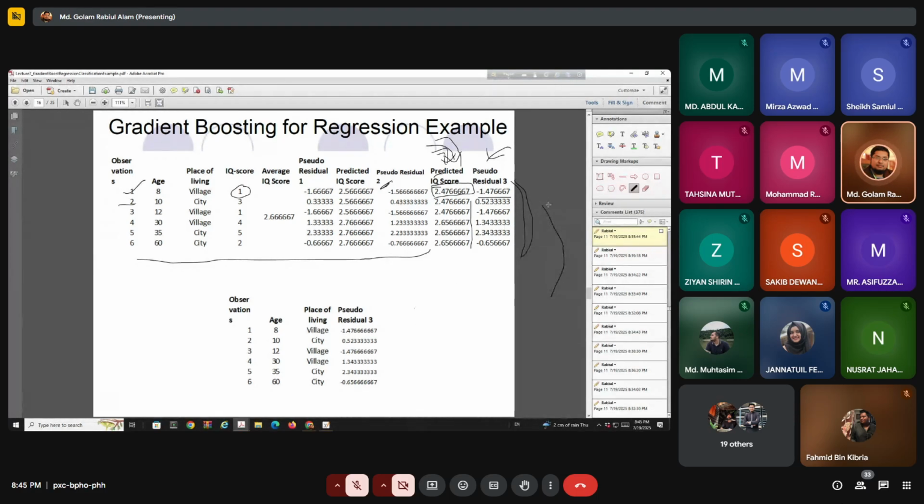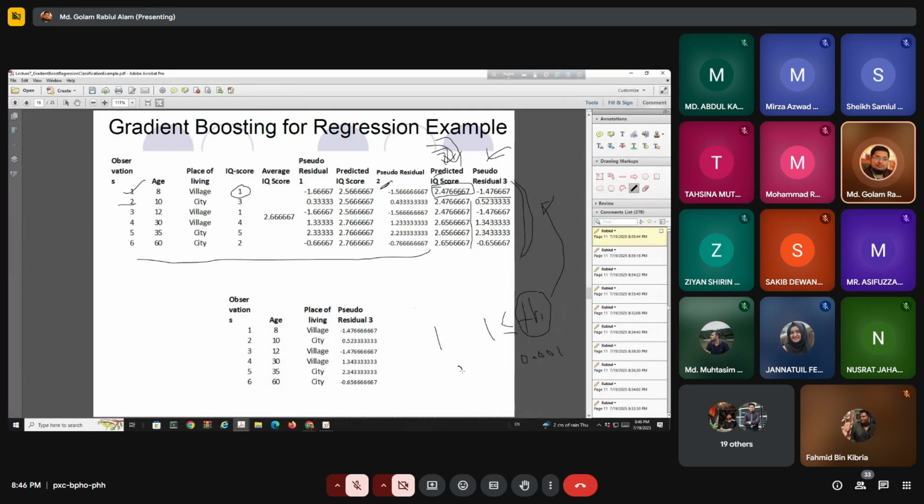So what will be the stopping criteria? The stopping criteria will be the threshold. That means if we consider the threshold, the absolute value of the pseudo residuals should be less than maybe 0.001.